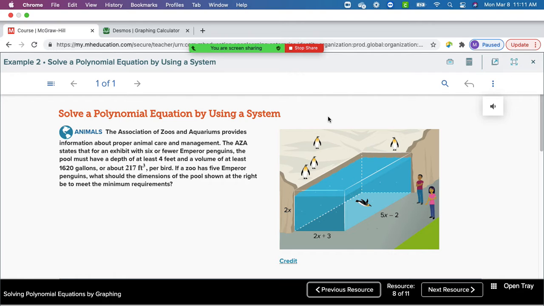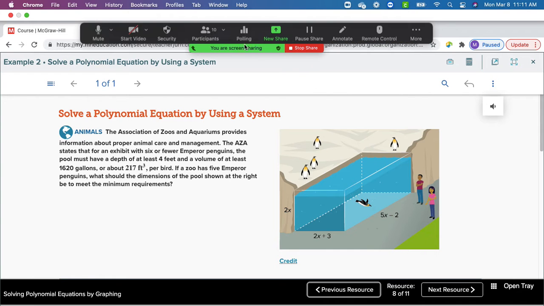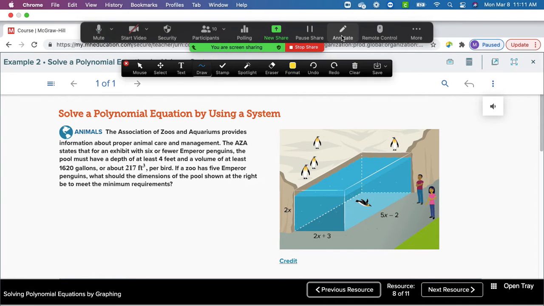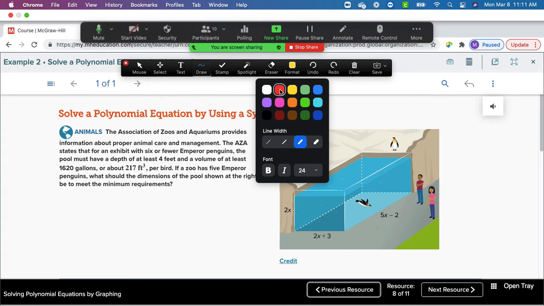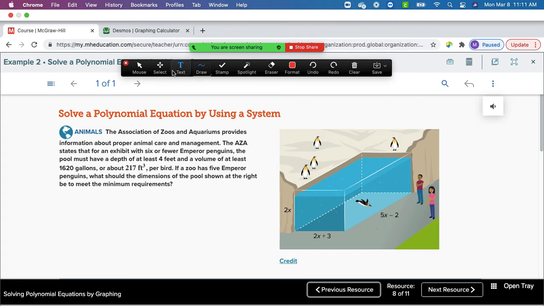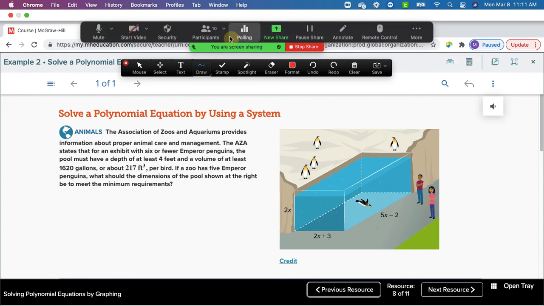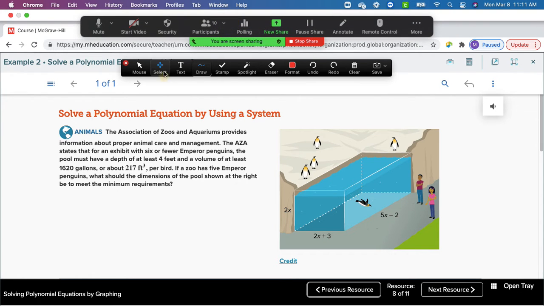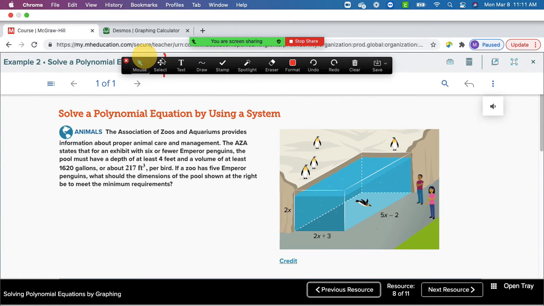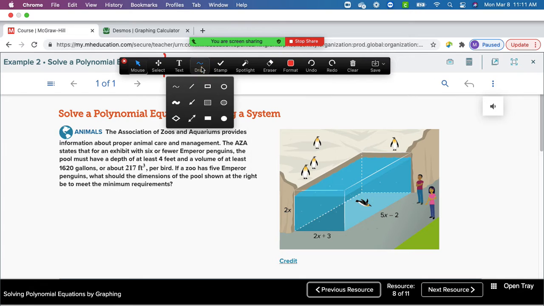So the first thing you want to put on your paper somewhere, let's just note some formulas that you'll come across in doing these. So one of the formulas is your volume formula, which is the one we need for this one.